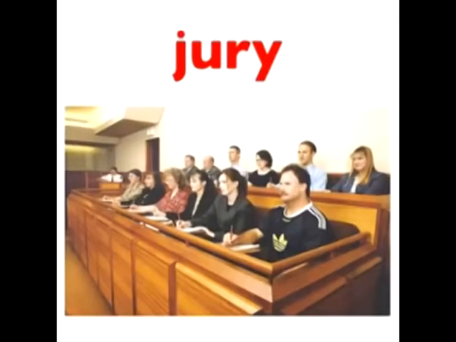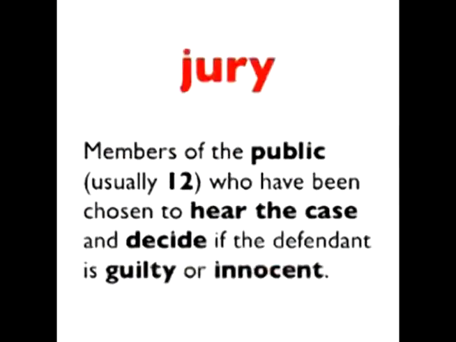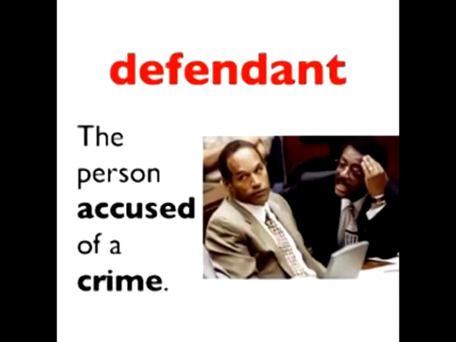But in some court cases, the judge does not make this decision. Instead, a jury will make the decision. A jury are members of the public, usually 12 in number, who have been chosen to hear a case and then decide if the defendant is guilty or innocent. The defendant is the person who has been accused of a crime.